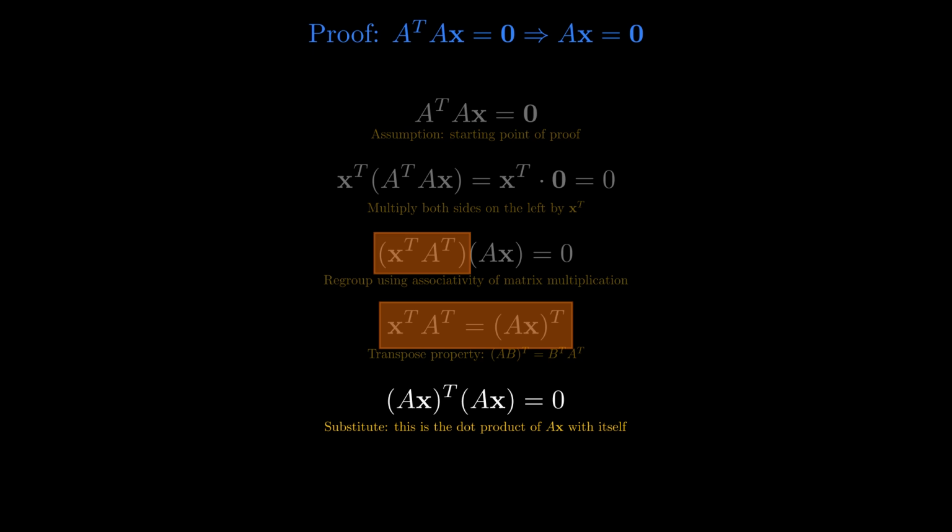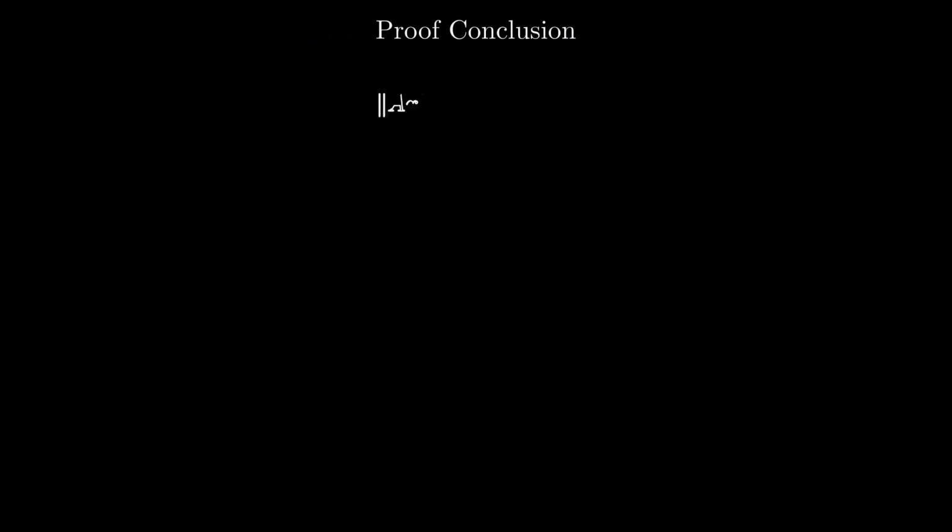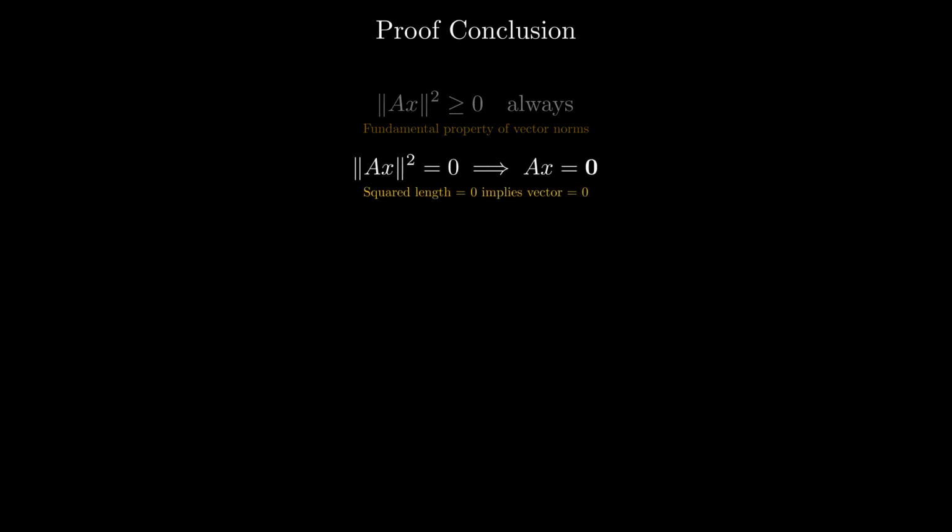In other words, the squared length of the vector Ax, written as a formula, the norm of Ax squared equals 0. The squared length of any vector is always non-negative, and it equals 0 only when the vector itself is the zero vector. So from the fact that the squared norm of Ax equals 0, we can conclude that Ax must equal the zero vector.